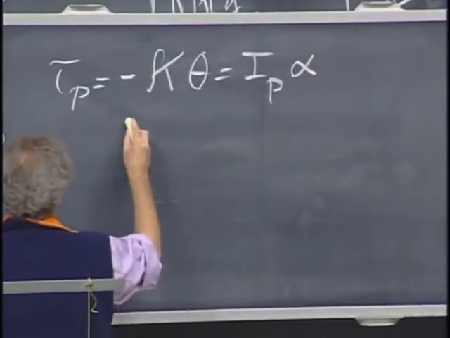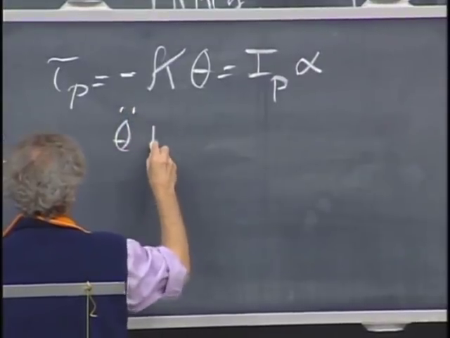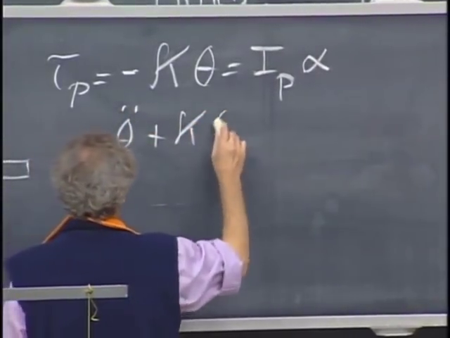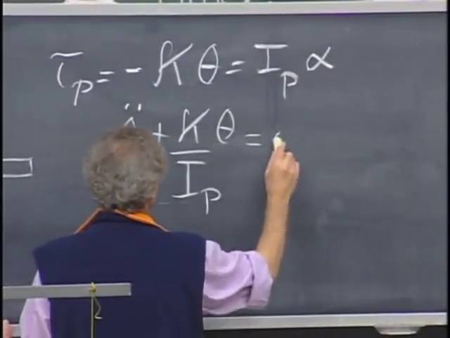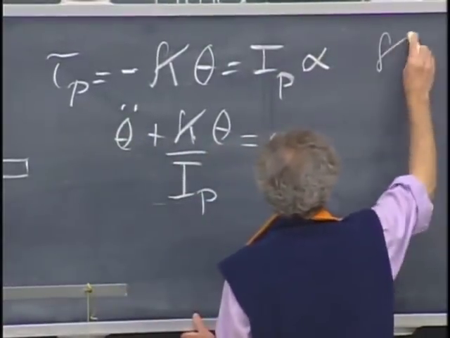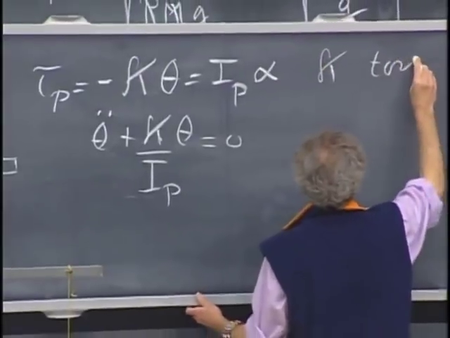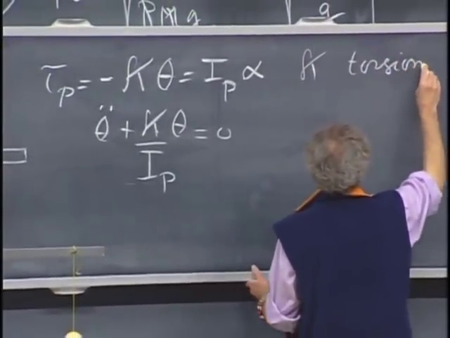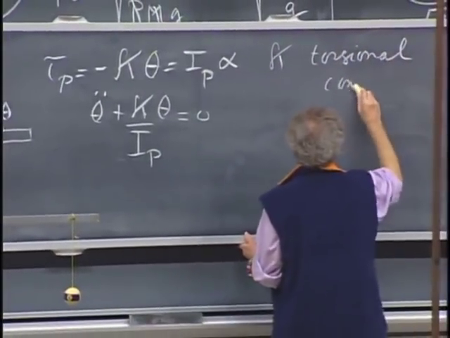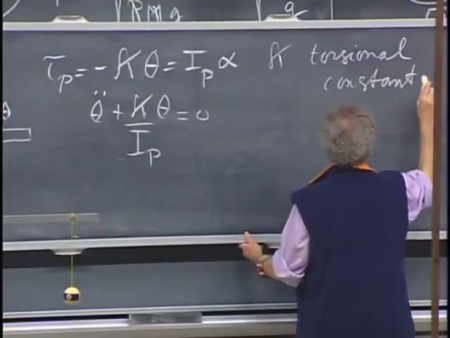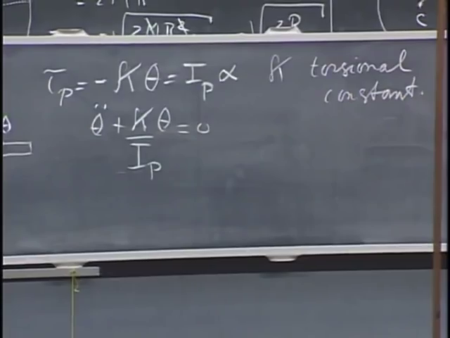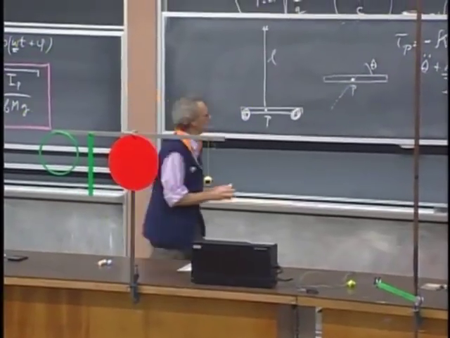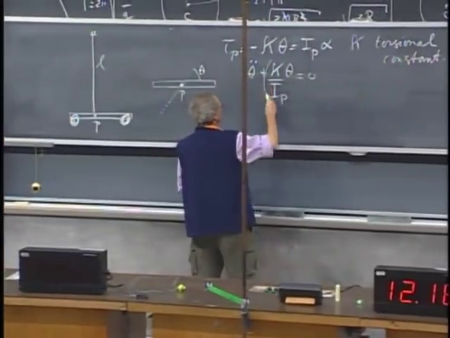So we're going to get that theta double dot plus kappa times theta divided by I_P equals 0. The kappa, by the way, is the torsional constant. So we have a differential equation. It's clear that you're going to see a simple harmonic oscillation. This is a constant.